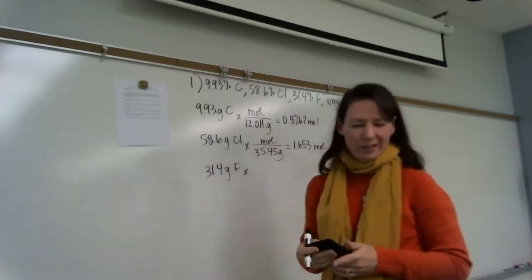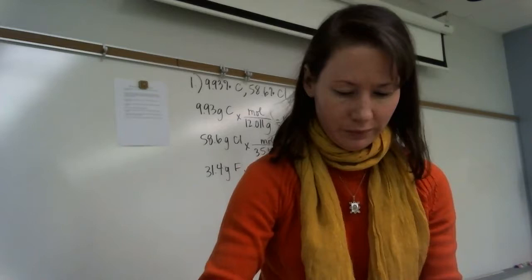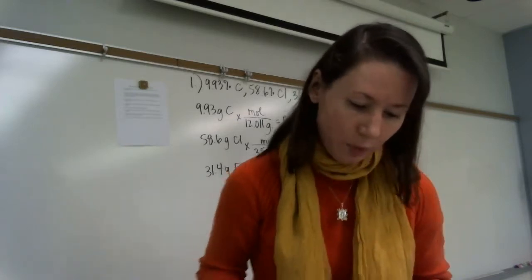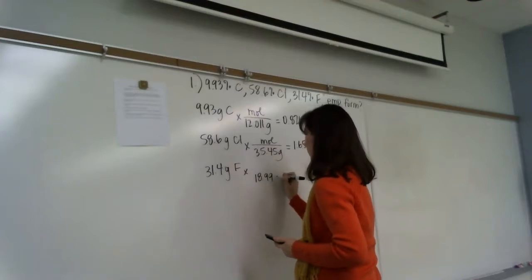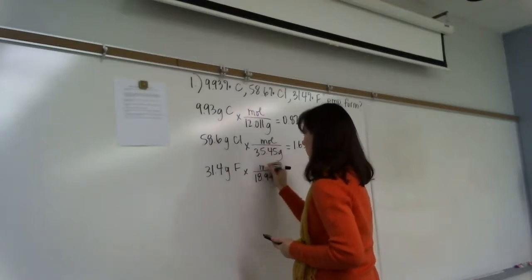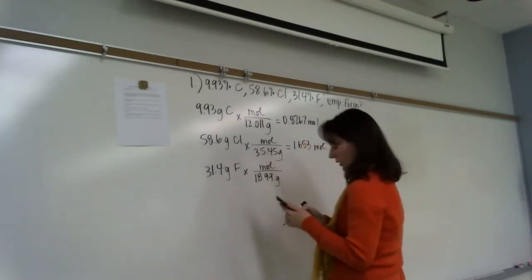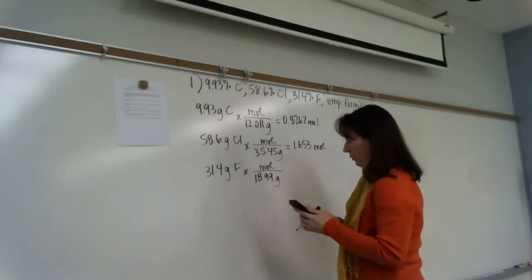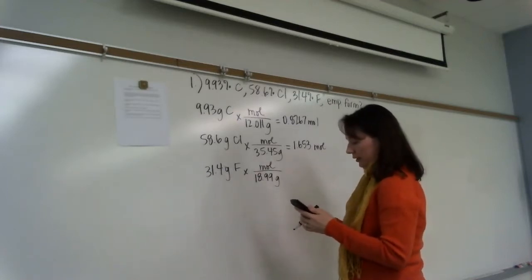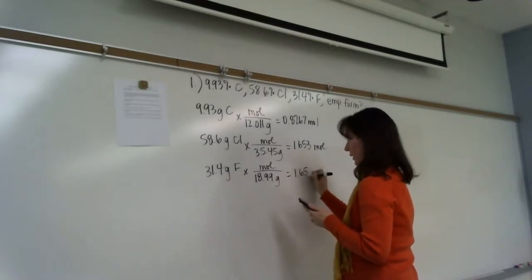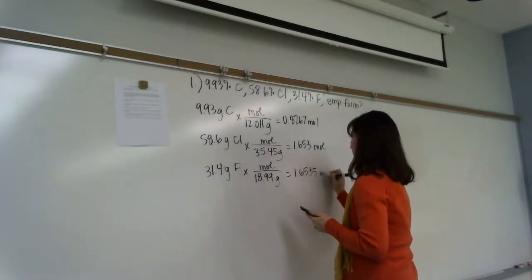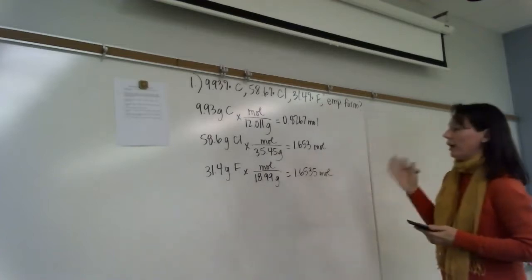Fluorine's what? 19 point something. 18.99 grams per mole. So 31.4 divided by 18.99 gives me 1.6535 moles. So now I've got everybody in moles.